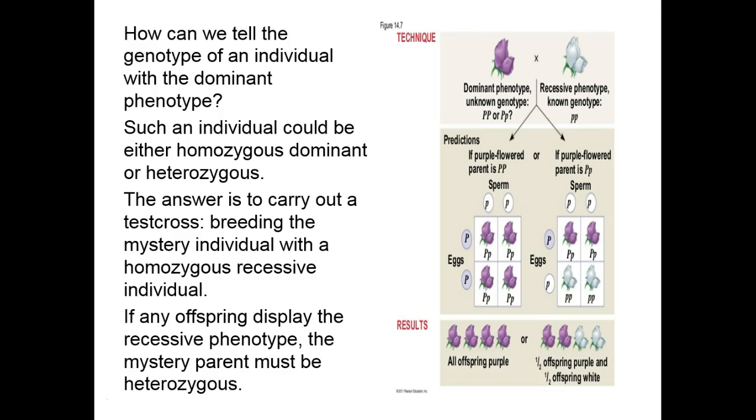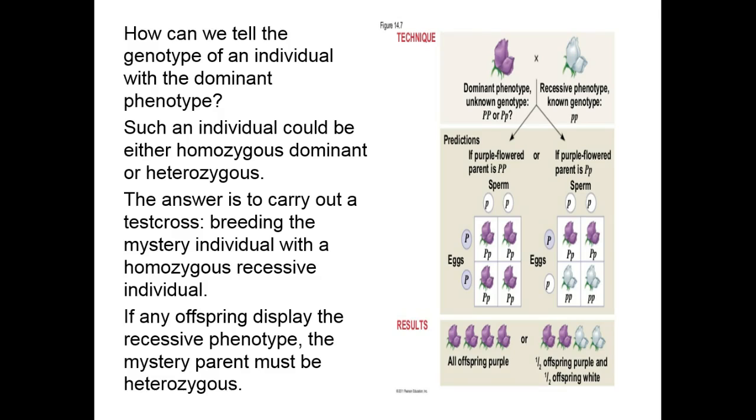flower colors end up being, and it looks like I got it backward with regard to, well, maybe I didn't, in terms of what you have here. But if you have a prediction, if the purple flower parent is homozygous dominant, so two big P's, then all you're going to have are purple flowers. You're going to have heterozygous dominant genotype in the F1 generation.